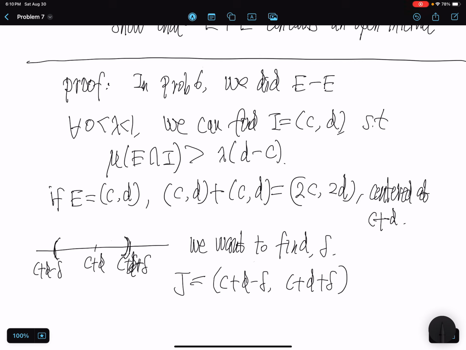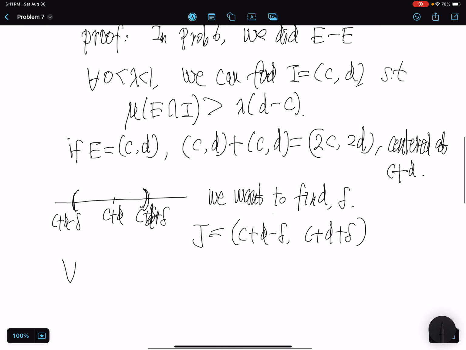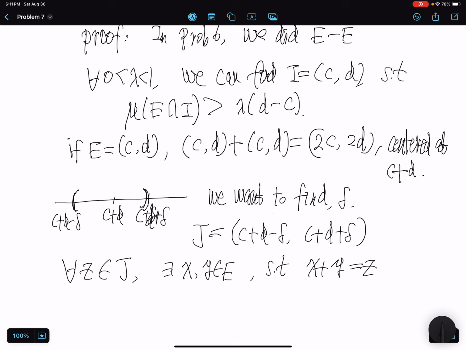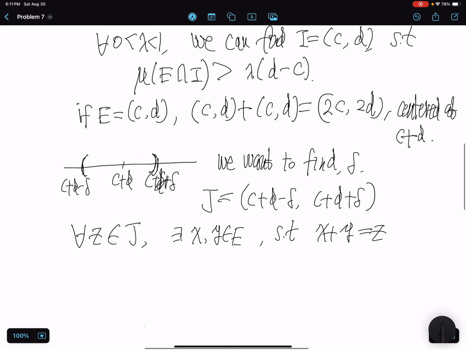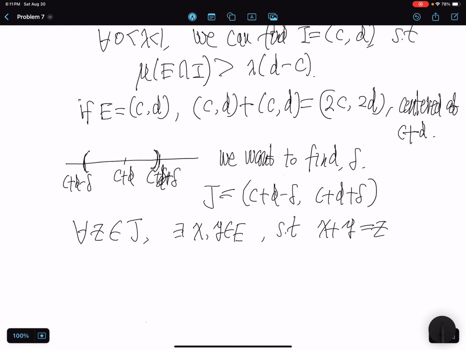C and D are determined by lambda, and delta is also determined by lambda. For any Z in this interval, we want to show there exist X and Y in E such that X plus Y equals Z. If we can prove this, then every point of J is contained in E plus E.